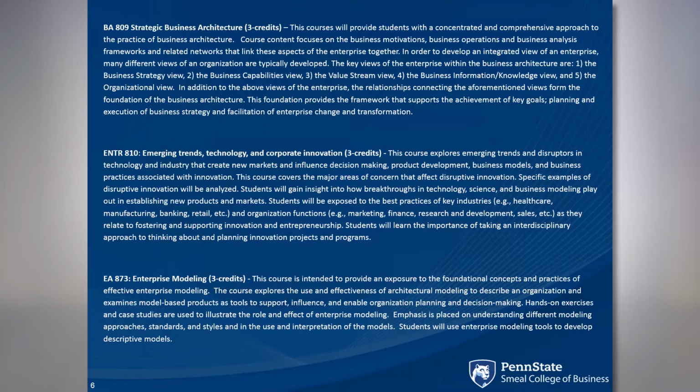We look at the role of the business architect and the business architecture team and what tools they typically use. When I say tools, I'm talking about modeling approaches, not necessarily individual software tools, that are typically used to effectively model and understand the enterprise at different levels of abstraction.